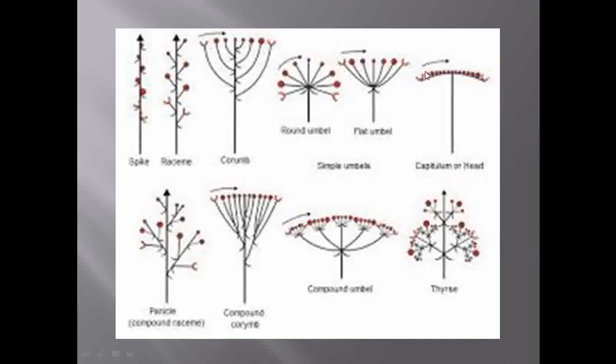Then this is the head type of inflorescence, for example Tridax. Then this is the panicle type of inflorescence. So these are the various types of inflorescence, and the variations observed under the umbel and corymbose types.